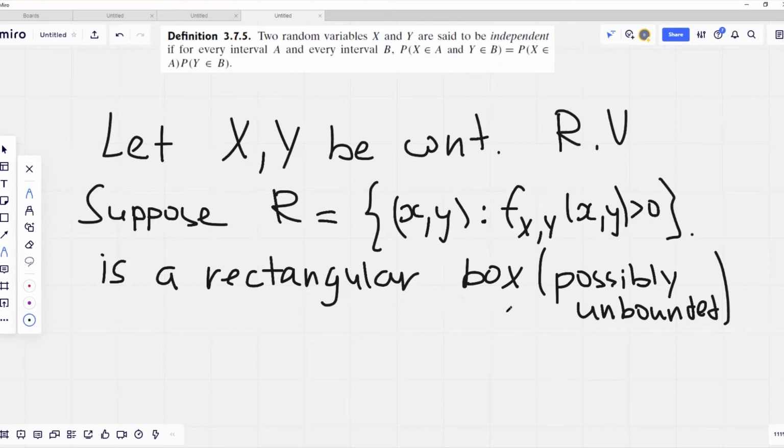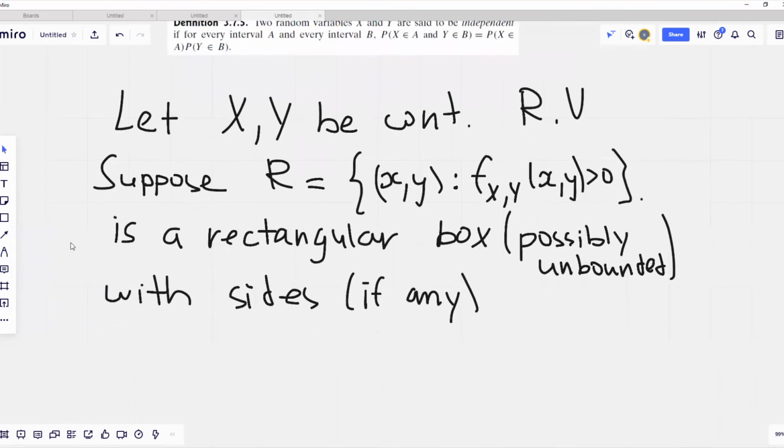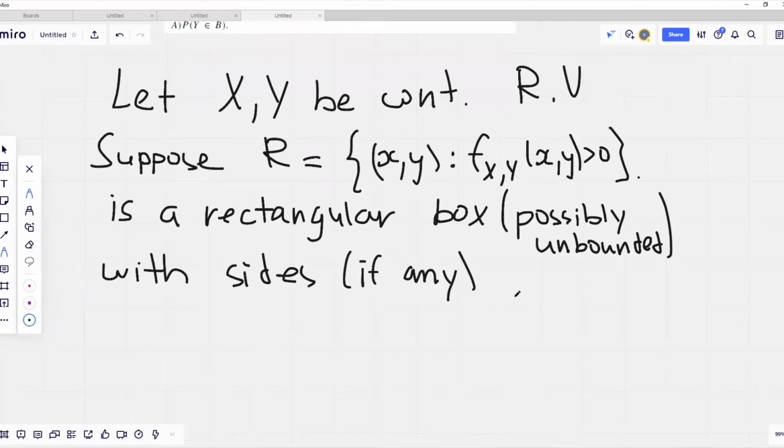It is a rectangular box, possibly unbounded, with sides, if any, parallel to the coordinate axes.